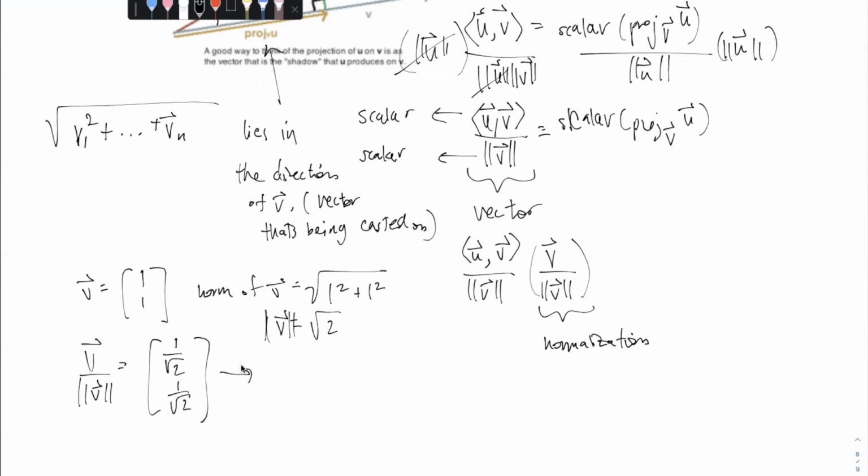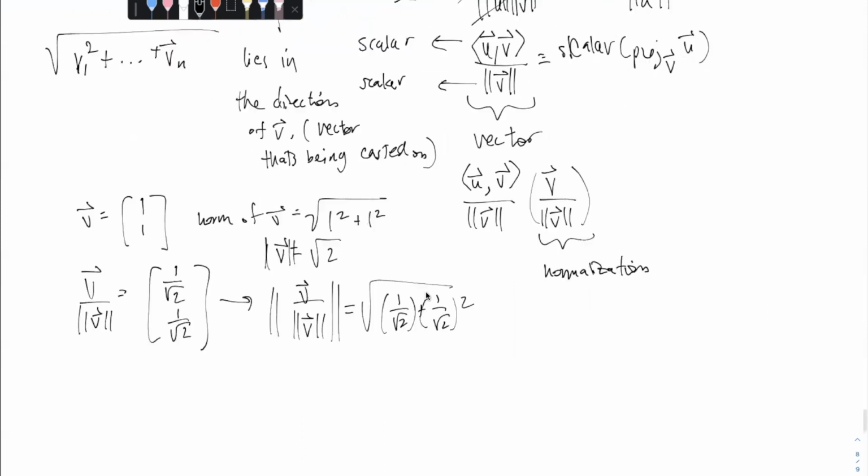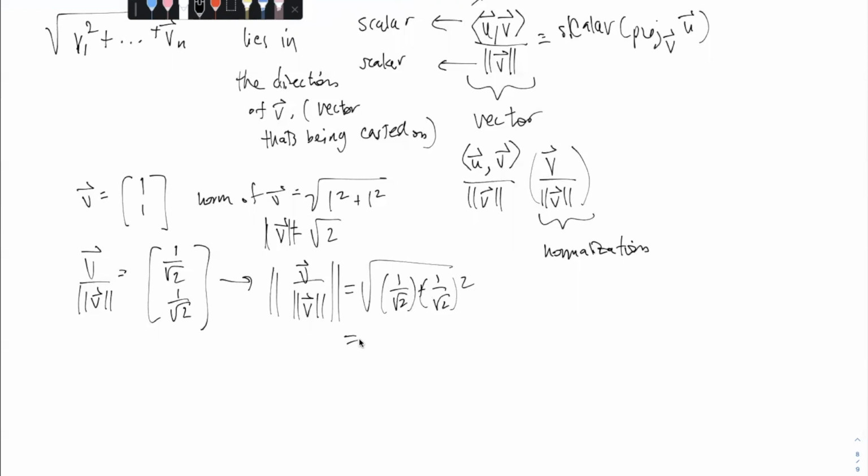So if we take its norm again, the norm of vector v over its norm, if we square both of these numbers and then take its square root, we see that it is equal to 1, meaning that the magnitude of this unit vector, which we can also alternatively denote q, is equal to 1.